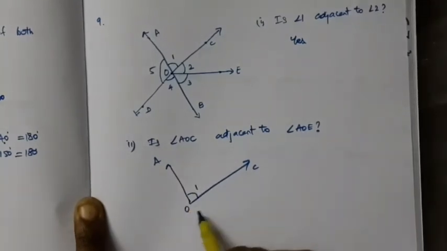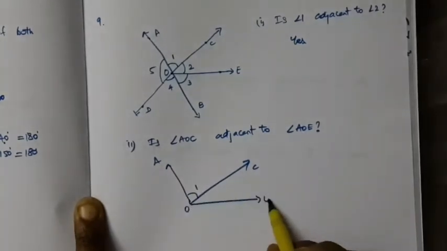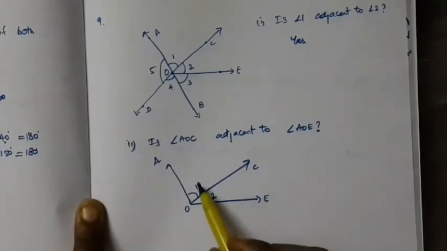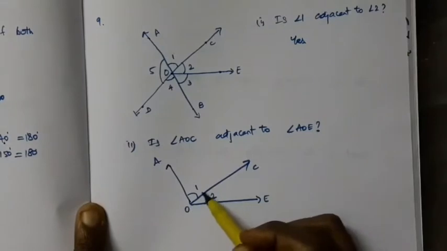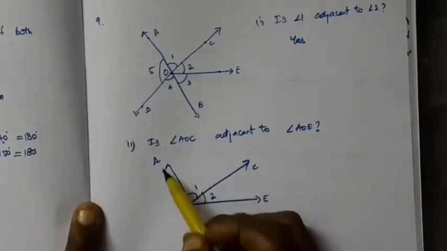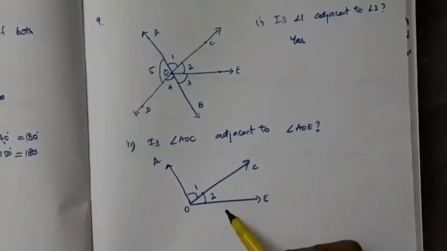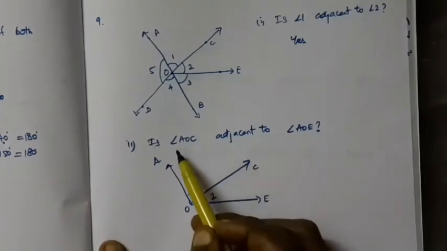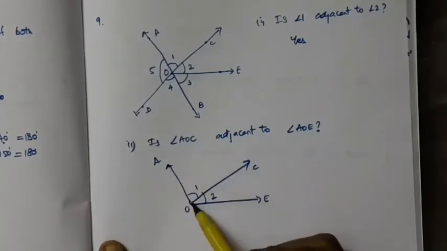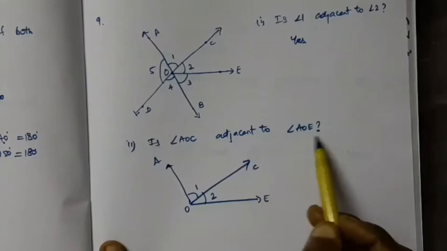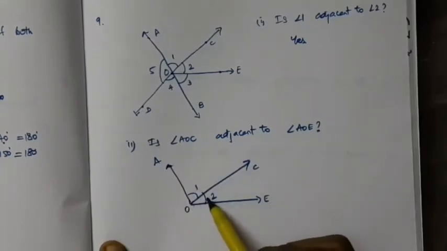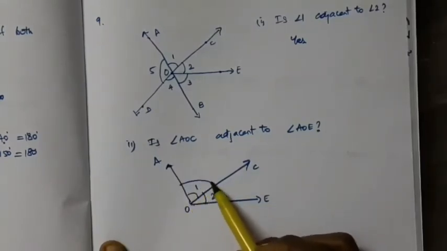AOC and AOE. AOE is here. The question is, if these two are adjacent. You should not say it just by seeing the figure, but you should see what the angle is. What is AOC? This AOC is here. What is AOE? This is not AOE. AOE is this complete thing.